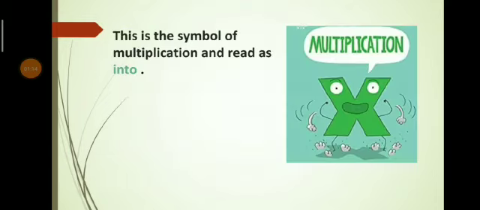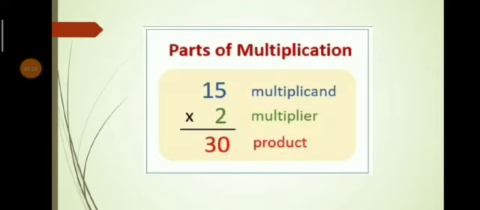Students, this is the symbol of multiplication, which is read as into. 15 multiplied by 2 is equal to 30. Students, the number which is to be multiplied by another number is known as multiplicand. Here, the number 15 is the multiplicand.